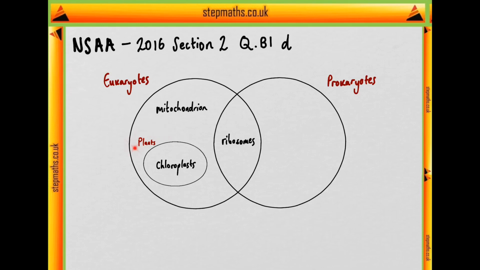So we can have a separate subset within our Venn diagram of plants. Given that mitochondria are in both plants and animals, they must have predated the divergence within eukaryotes into animals and plant cells, therefore our order must be ribosomes, followed by mitochondria and chloroplasts. So we can say our answer is that ribosomes were followed by mitochondria, which were in turn followed by chloroplasts along the evolutionary chain.